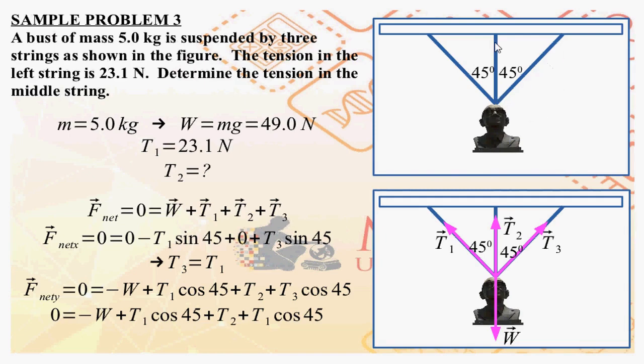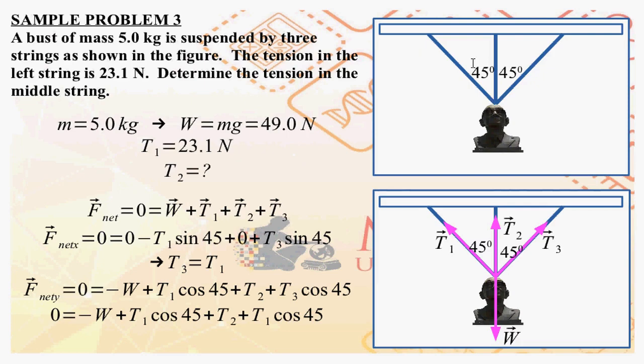String 2 is vertical, string 1 is 45 degrees to the left of the y-axis, and string 3 is 45 degrees to the right of the y-axis. The tension in the left string is 23.1 newtons. Determine the tension in the middle string.